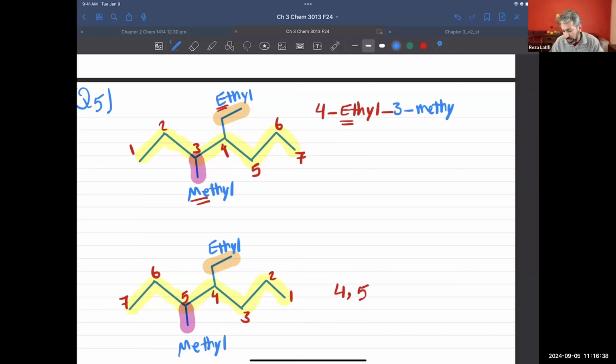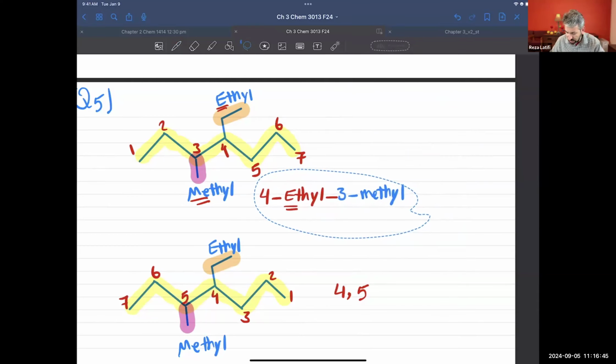And where are they? They are sitting on 7 carbons. So you say 4-ethyl, 3-methyl, and I see 7 carbons, so I say heptane.